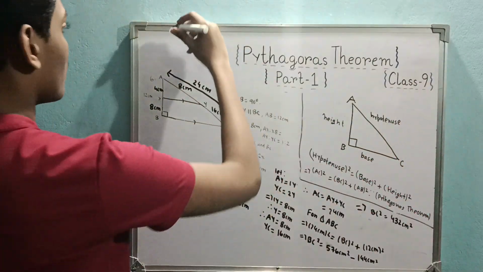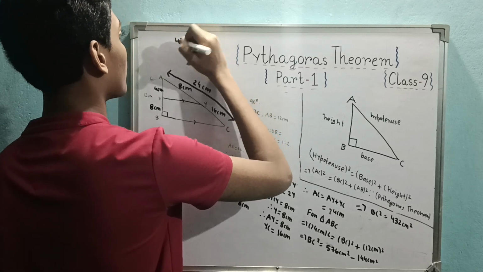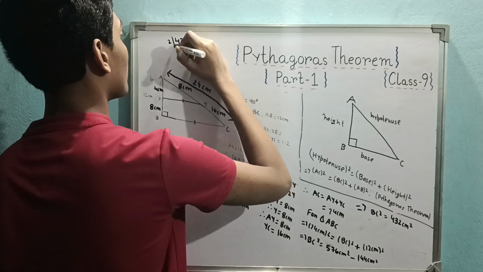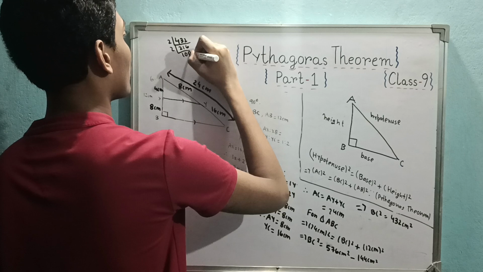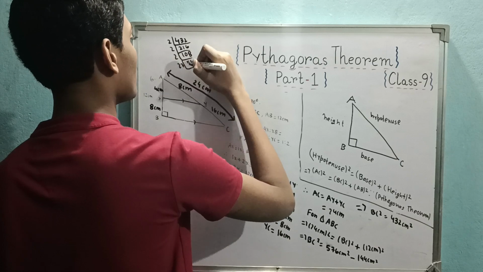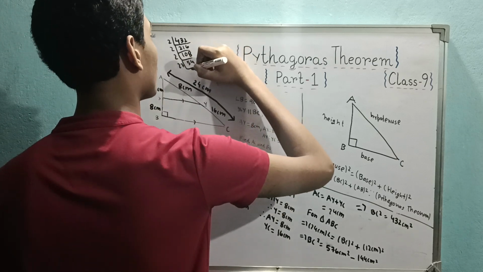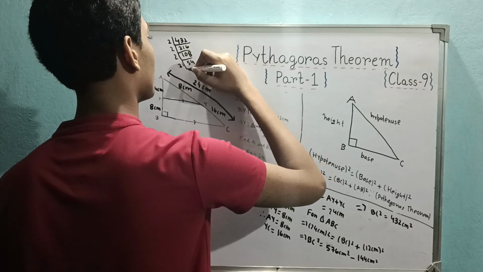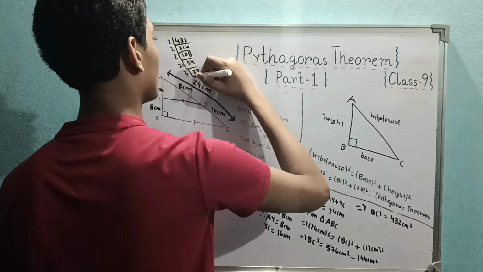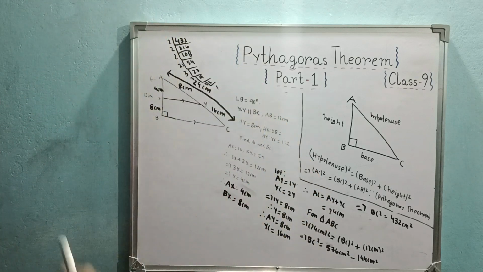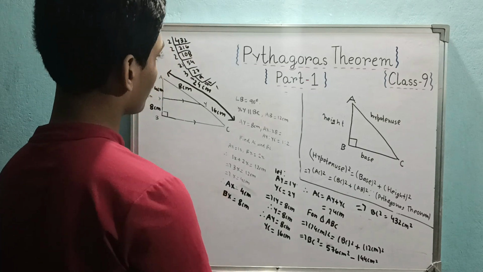Let's just factor 432 a little bit. 432 I factorized here: 2 into 2 into 2 into 2 into 3 into 3 into 3 into 3.